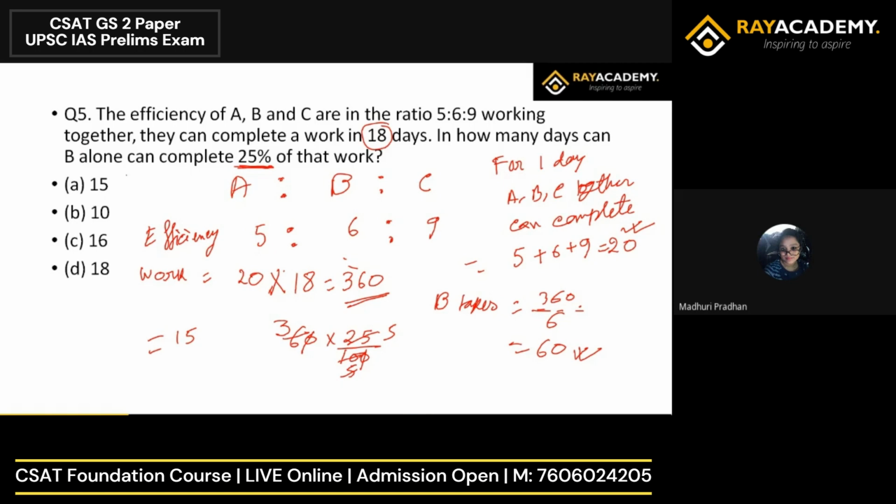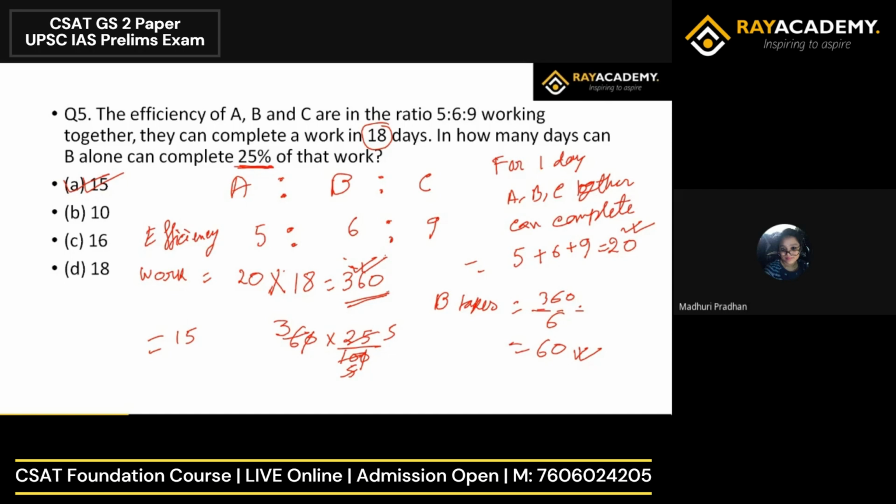Ma'am, we will take the total day of 360, no, ma'am? Or we will take for 60 days, ma'am? 360 is the total work. So we'll take for 360 days or 60 days, ma'am? 25% of that work which B completes, then it will take the percentage. 25% of 360.